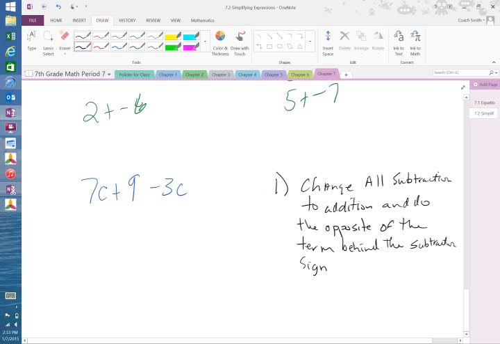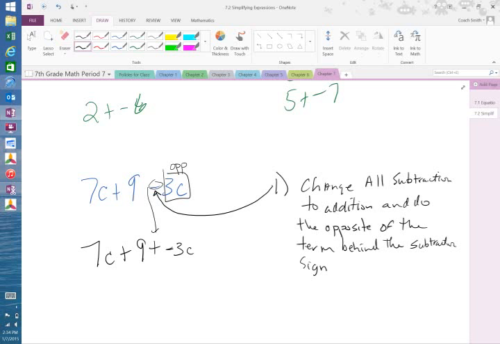So step 1 here would be to change that right there. Are you writing down what I'm writing down? Now, I have 7c plus 9. Change that to addition and do the opposite of 3c, which is negative 3c. That's step 1 in simplifying.